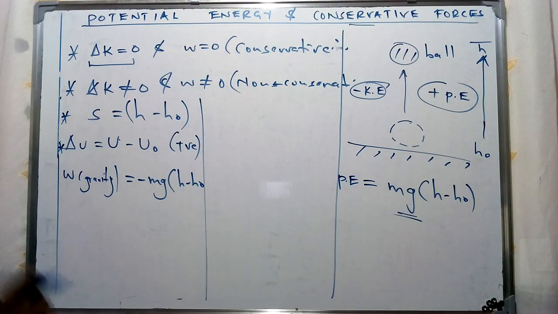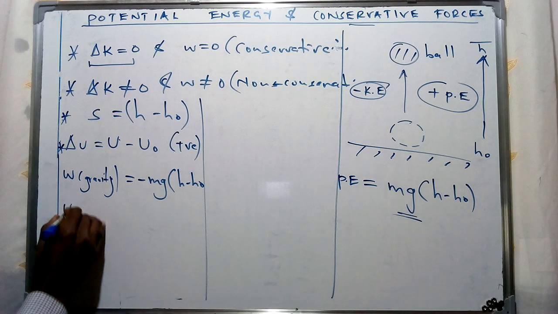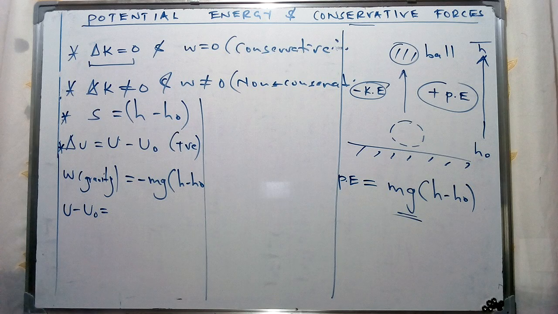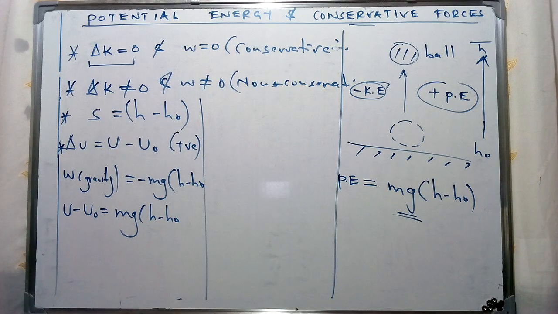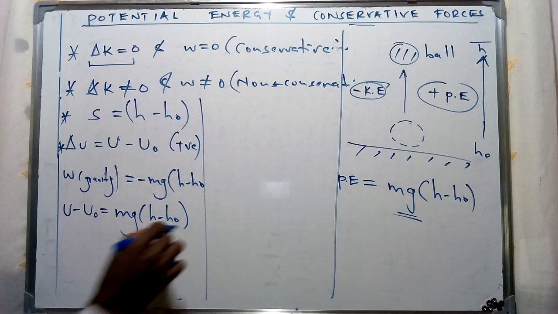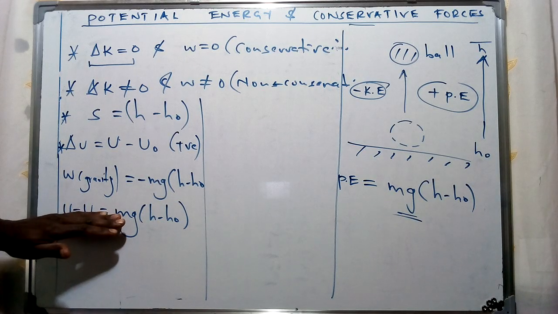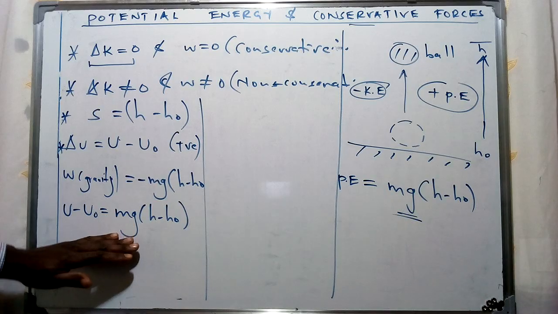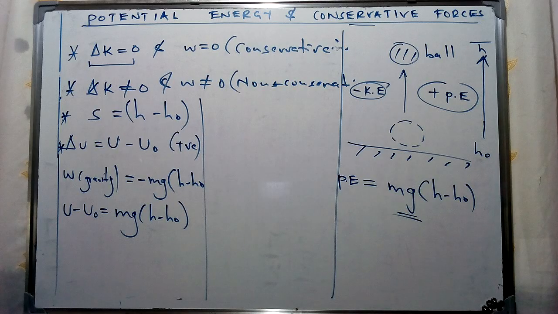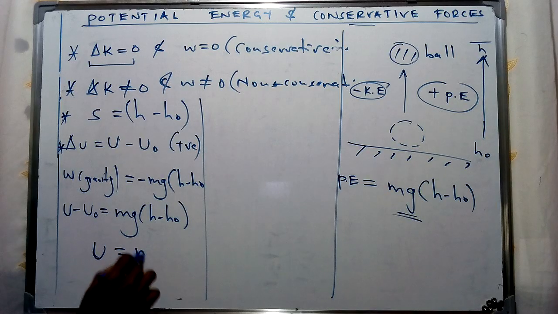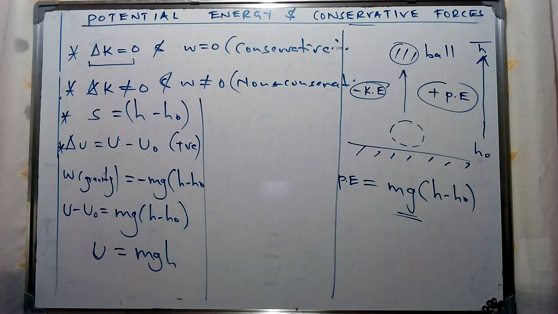We have seen that this change in potential energy is the negative of the work done, which means it has a positive implication for mg(h minus h naught), giving us this relationship. So we can give this change in potential energy generally in terms of mgh, and that is going to give us the work-energy theorem.